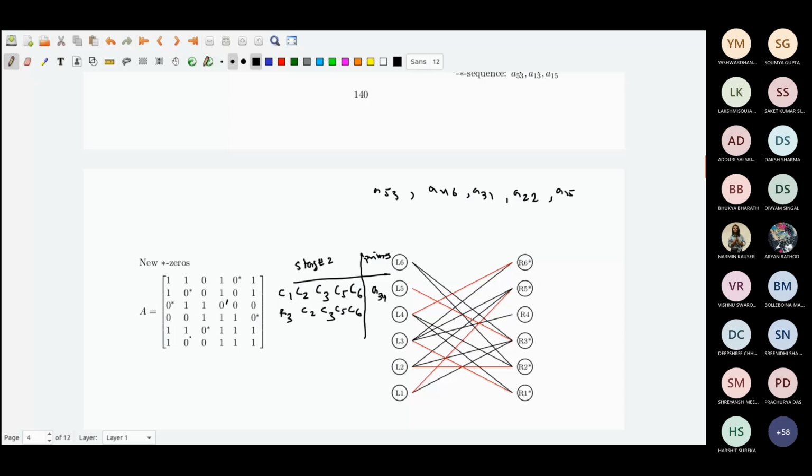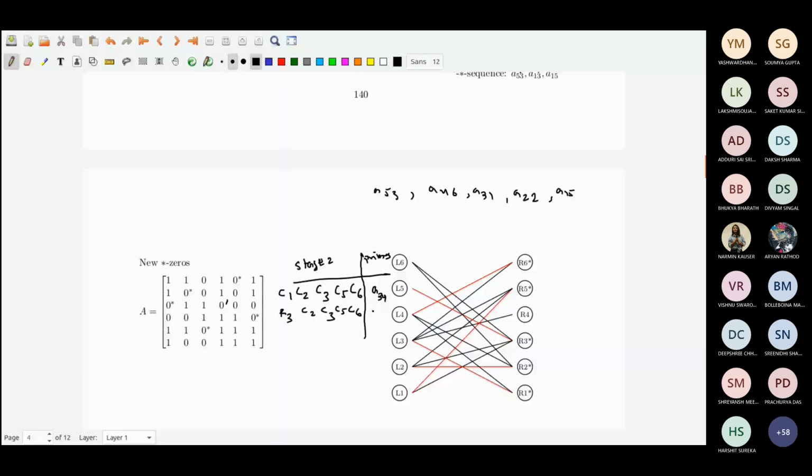C2, C3, there is nothing over here. C5, C6. So what is the next one that I get? I get A41, because that has been uncovered. There is a star in its row.